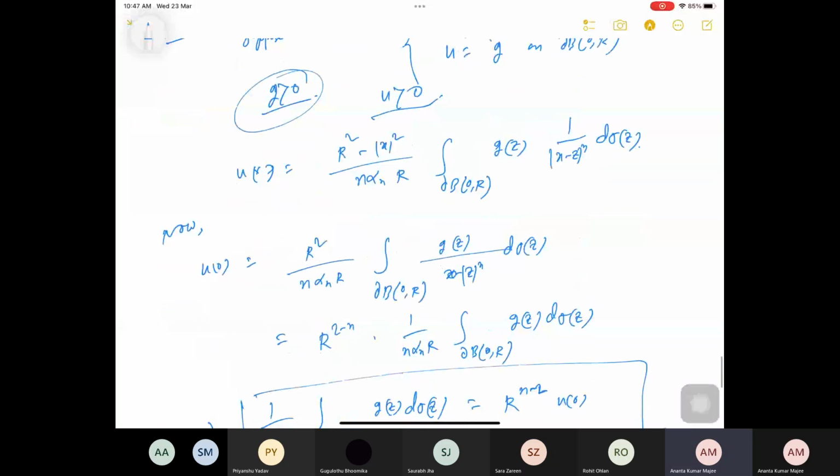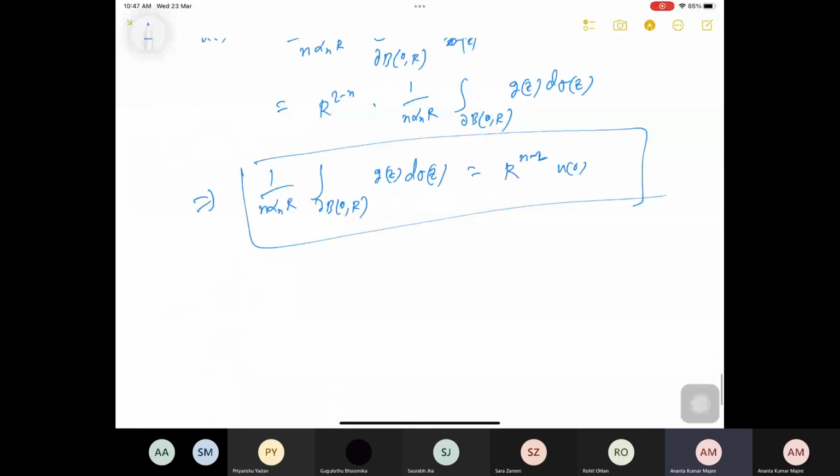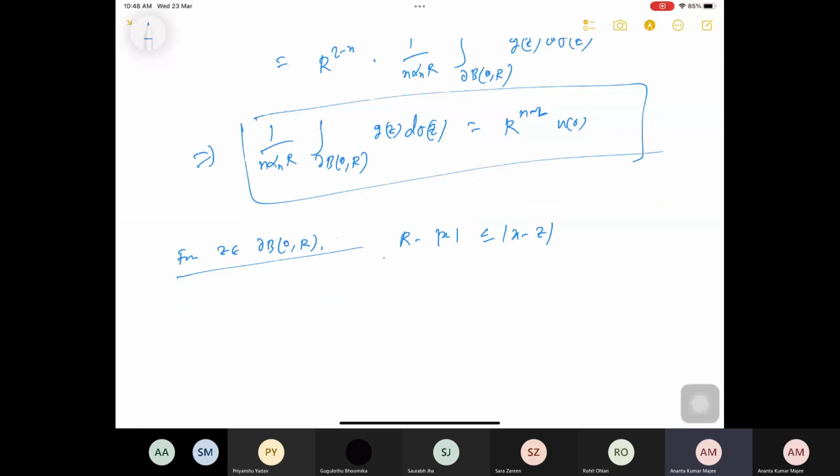For any z on ∂B(0, r), I can use the triangle inequality: since |z| is equal to r, r minus |x| is always less than or equal to |x - z|, for all z on the boundary, because |z| minus |x|, in absolute value, is less than or equal to |x - z|. This is the reverse triangle inequality.